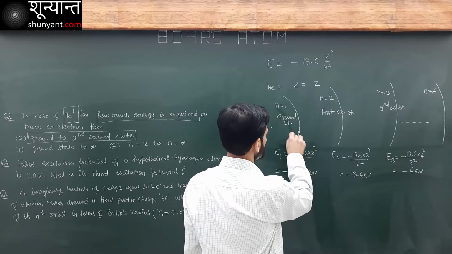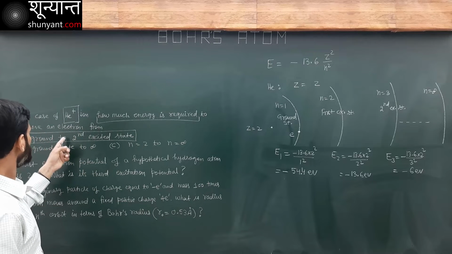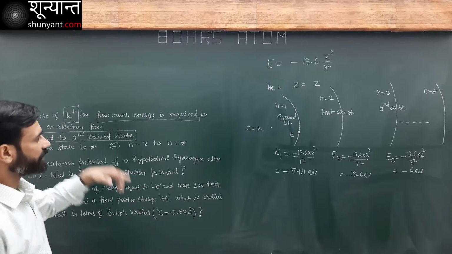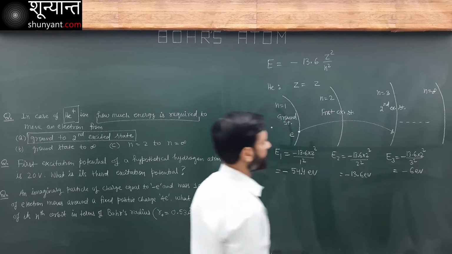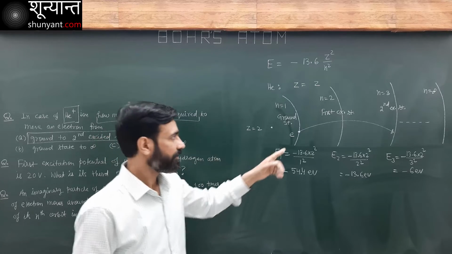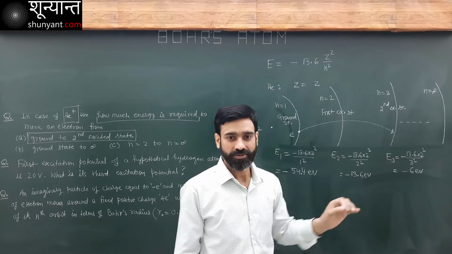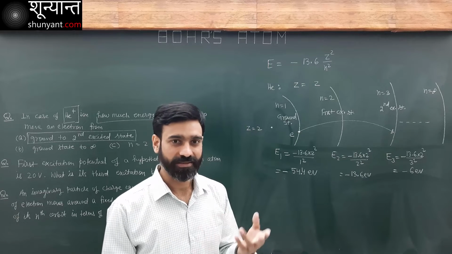I want to send my electron from the ground state to the second excited state, from here to here. Energy has increased. Higher states are also higher energy states, a direct correlation.